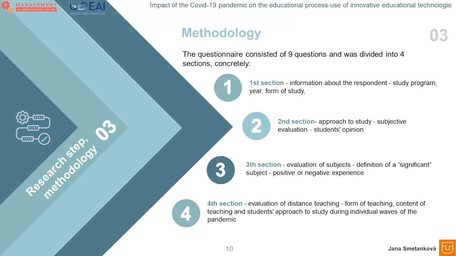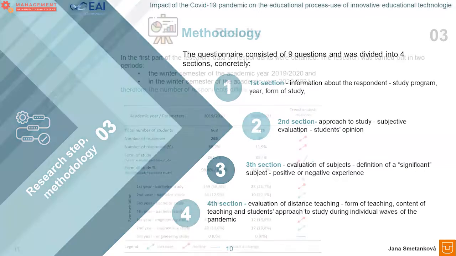The next section is evaluation of subject, concretely, definition of a significant subject, mainly positive or negative experience. The last section is evaluation of distance teaching, concretely, form of teaching, content of teaching, and students' approach to study during individual waves of the pandemic.